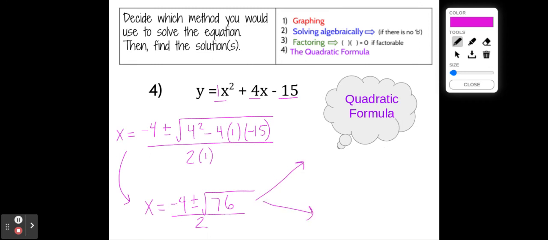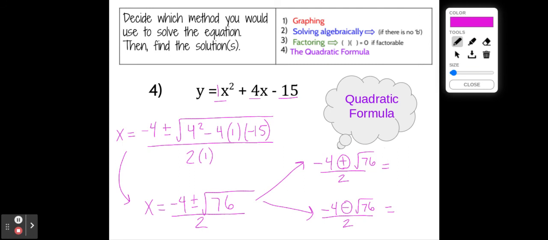So we've got negative 4 plus the square root of 76. Now you could simplify the square root of 76 and round it to a decimal, or you can leave it square root of 76. And you're going to take that and divide it by 2. And then we've got the negative 4 minus the square root of 76. And we're going to divide that by 2. So 2 solutions here. You ready?